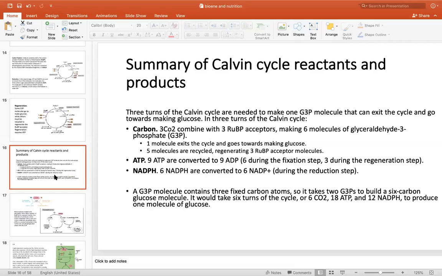What is photorespiration? Anyone knows? Any idea, guys? Come on.